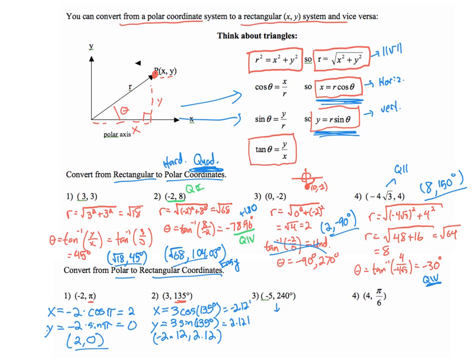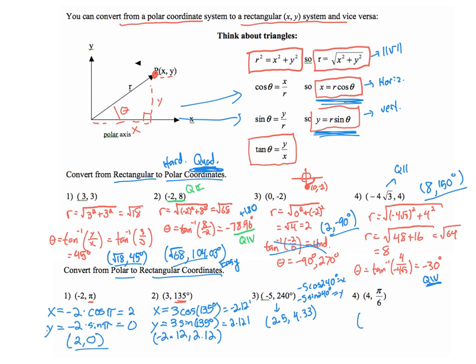Okay, so going from polar here to rectangular, I got positive 2.5 for the x, and for the y-coordinate, I got 4.33 for my y. Again, that's just doing negative 5 times cosine of 240 degrees. That was my x. And then for the y, I did negative 5 times sine of 240 degrees. And then for this last point here, I'm going to use my knowledge of the unit circle. You might have done it in radian mode on your calculator with decimal numbers, but either way is okay.